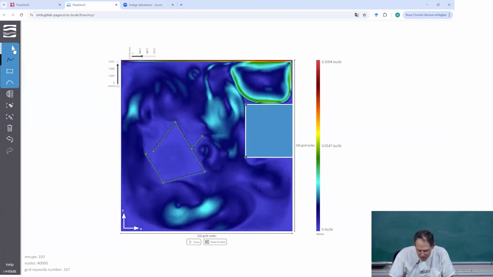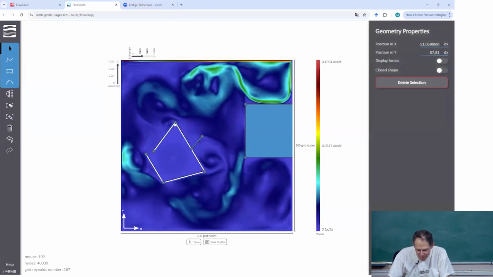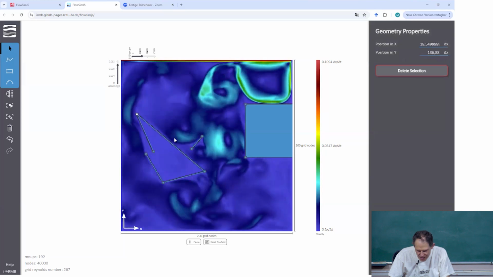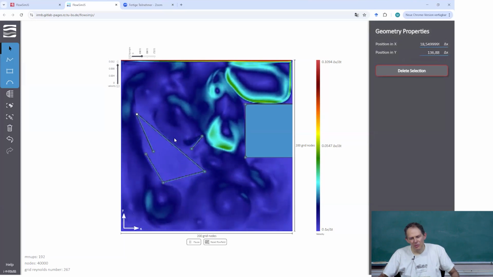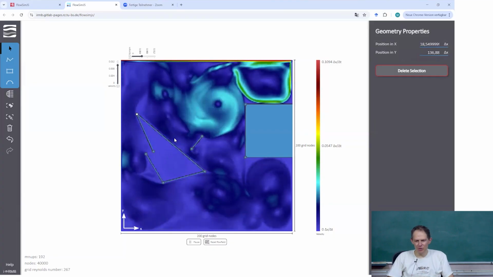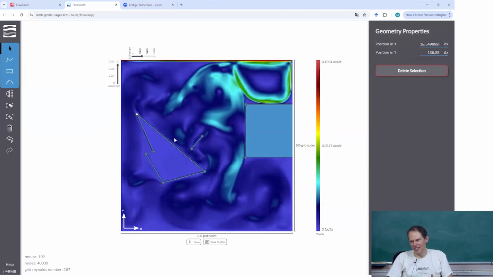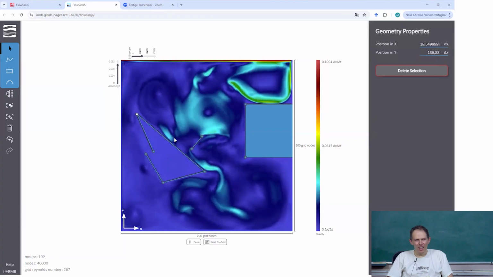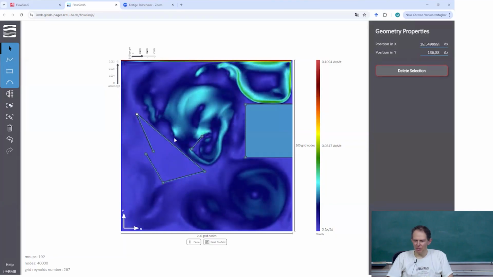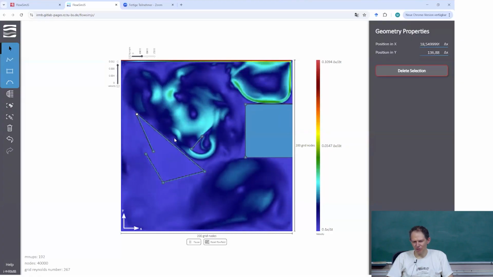Oops, no, this was the wrong one. I wanted to pick this. Okay, and then you can play with this around as you wish. So this should be a demonstration that the collision operator actually matters.